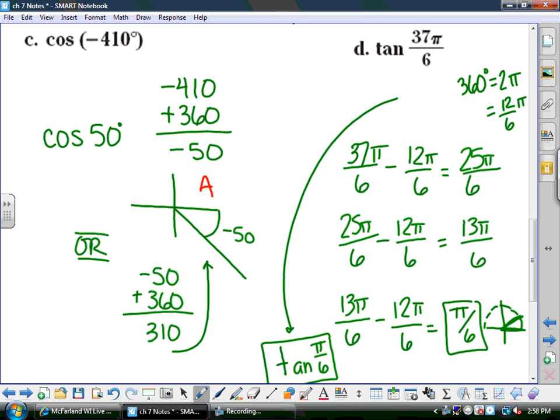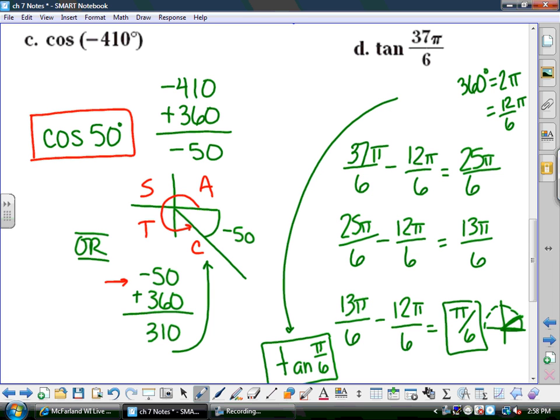Since cosine is still positive in that quadrant, our answer in terms of a first quadrant angle is the cosine of 50. Now you also could have taken negative 50 and added another 360 and said, okay, it's the same as 310 degrees. And you're back to the same spot. 310 degrees has a reference angle of 50. Cosine's positive in the fourth quadrant, so it's the same as the positive cosine of 50.